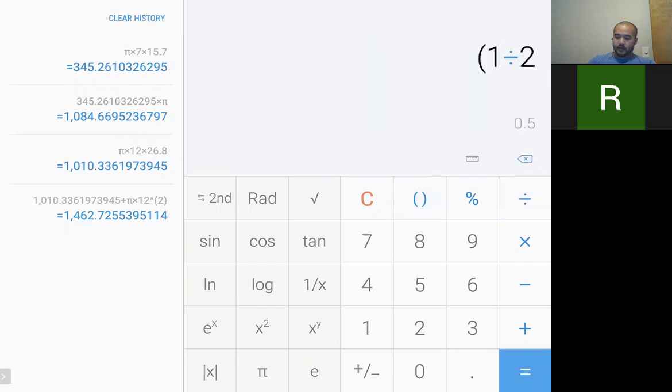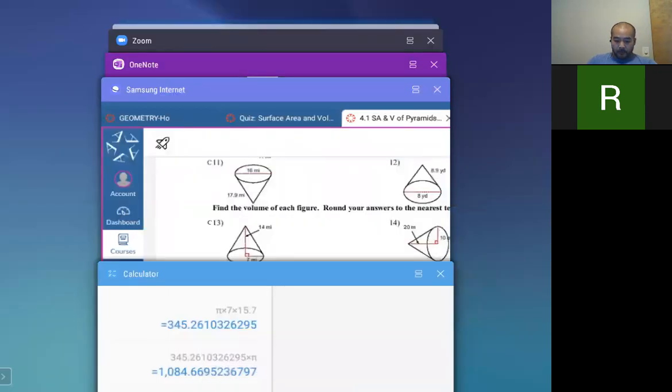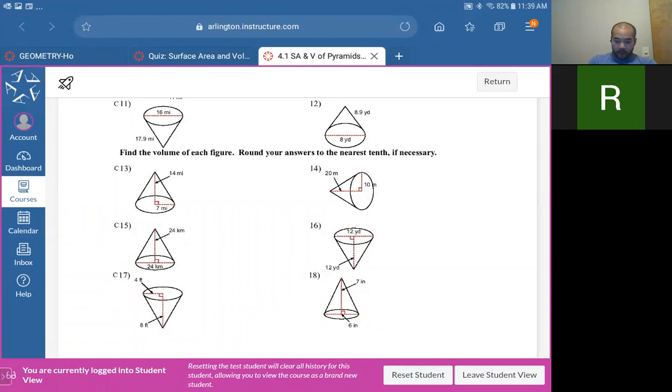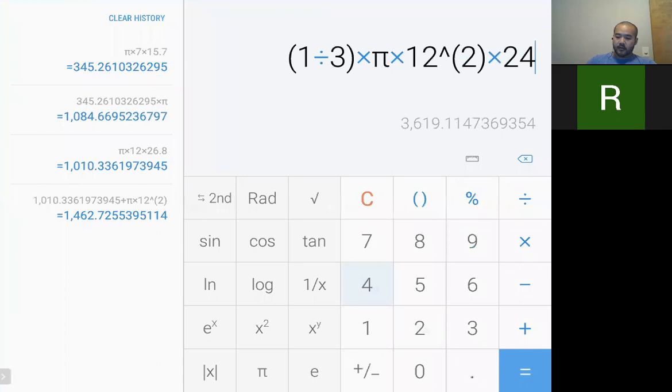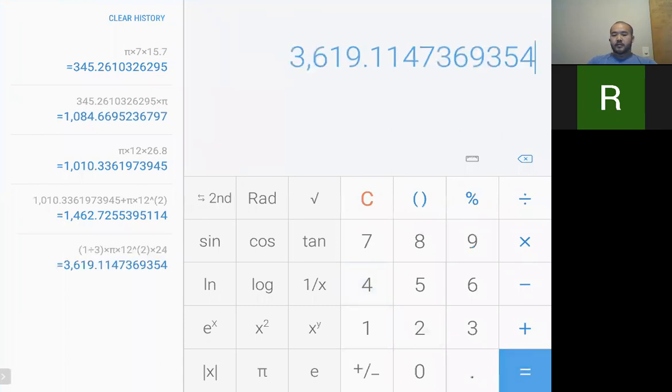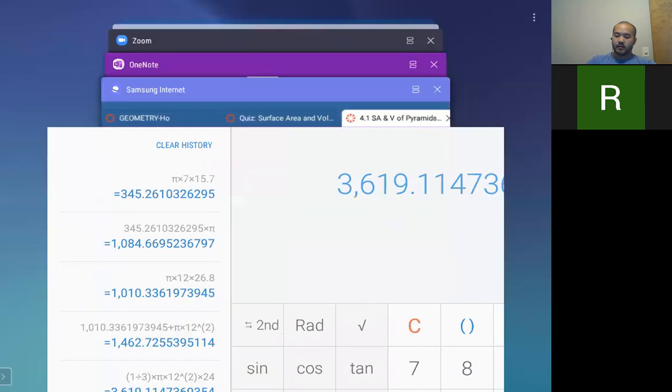One-third pi. 12 is the radius, 24 is the height. Times 12 squared times the height, 24. Ta-da! 3,619.1. This is the answer to number 15. That's the volume of that cone.